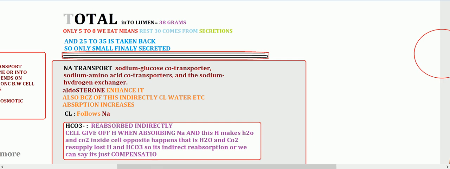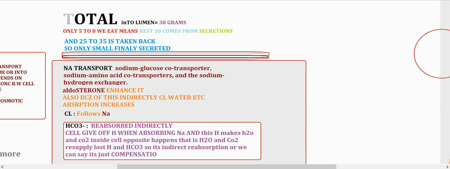Okay, let's talk about the reabsorption of sodium. Total into lumen equals 38 grams. That statement means that the total sodium that gets into the lumen is about 38 grams.